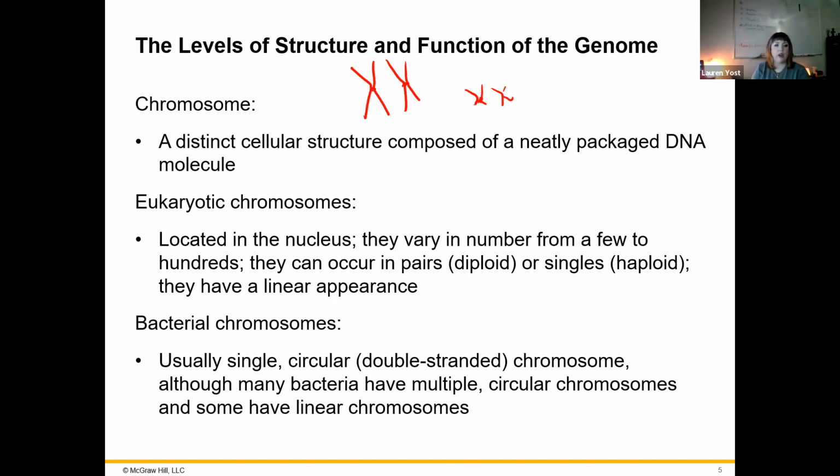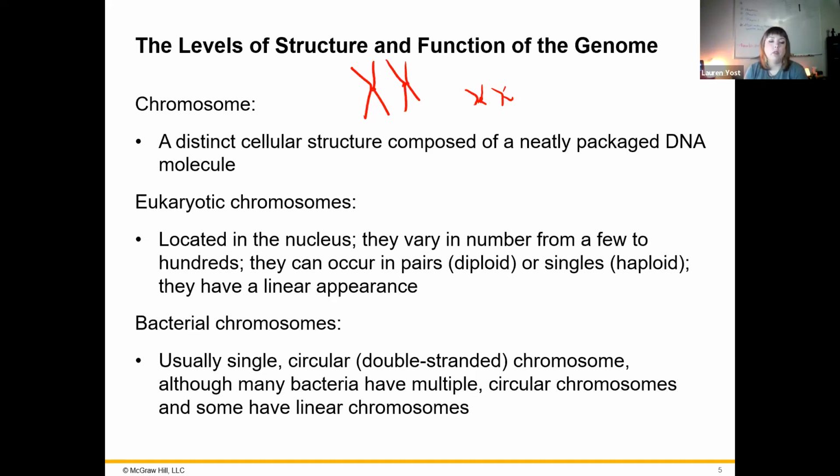Eukaryotes typically occur in pairs, like ours are, one from a mother, one from a father. That's diploid. Whenever we make our gametes and they have to come together, those are haploid. So we have single chromosomes, so they can come back together and only have two, because that's how many they're supposed to have.